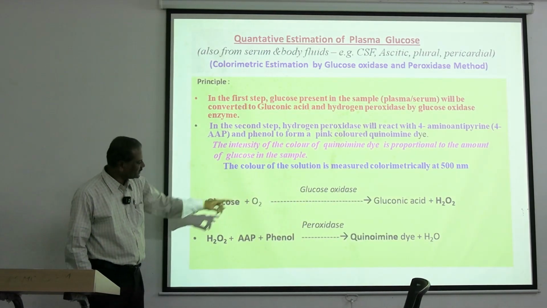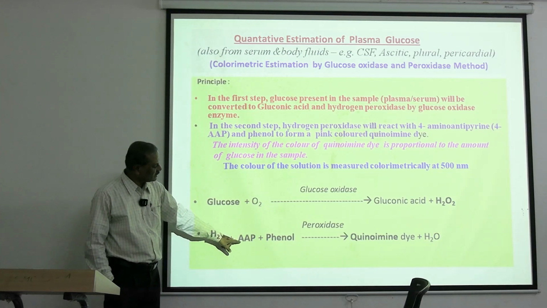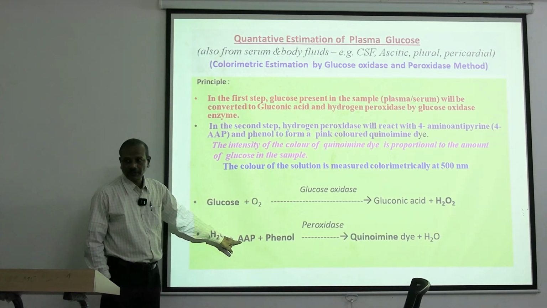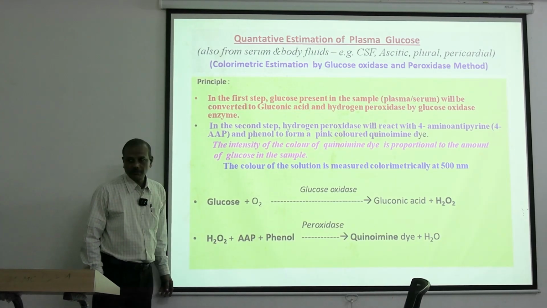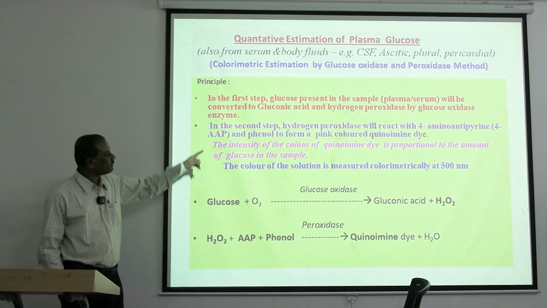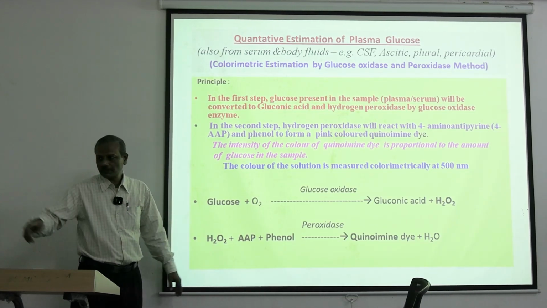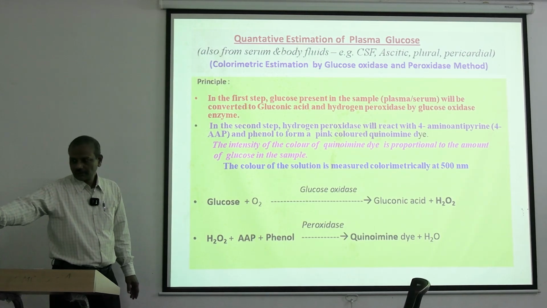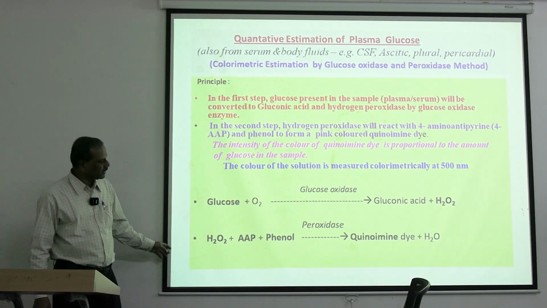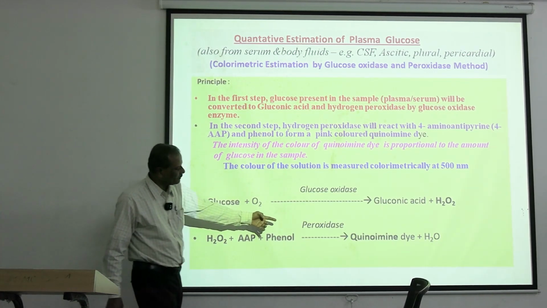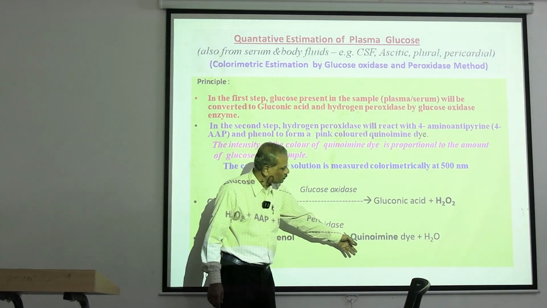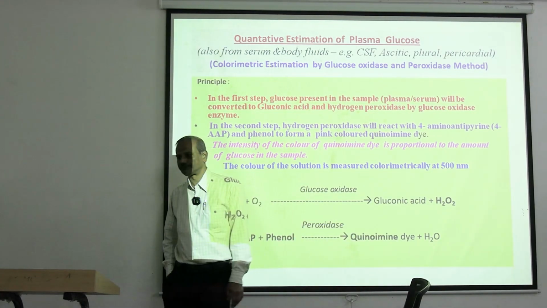Now this hydrogen peroxide is reacting with 4-aminoantipyrine. Note down 4-AAP, write down AAP plus phenol, and there is an enzyme called peroxidase, and this gives quinoneimine dye plus H2O.